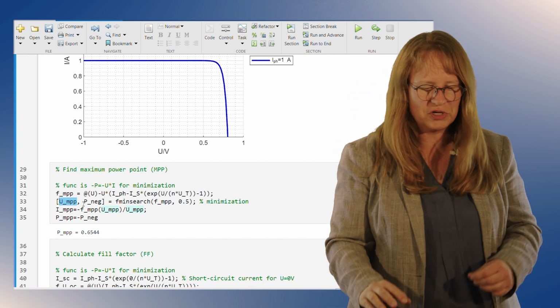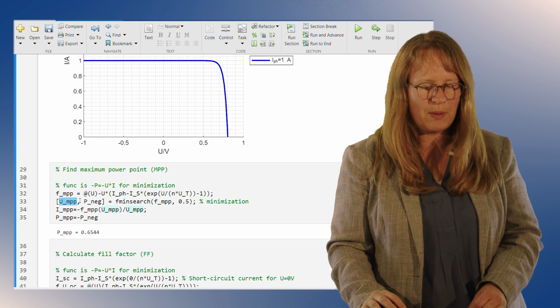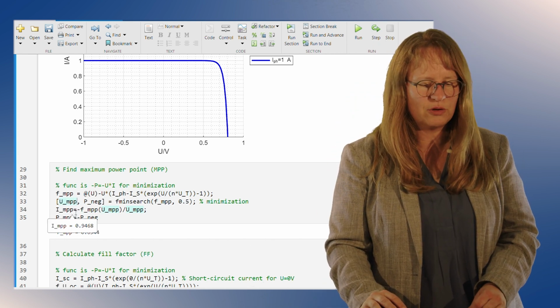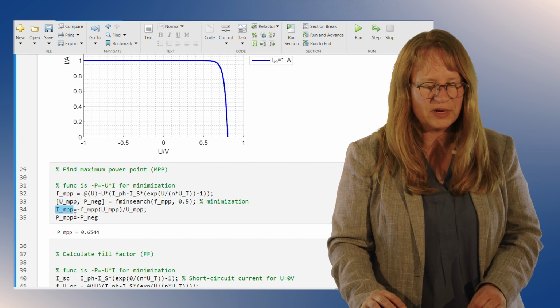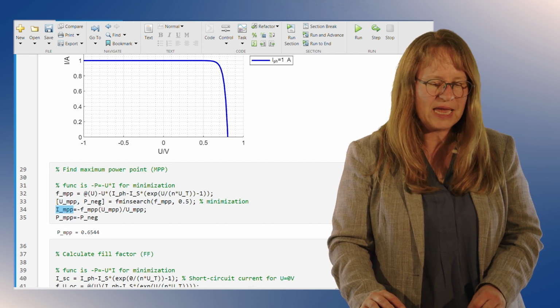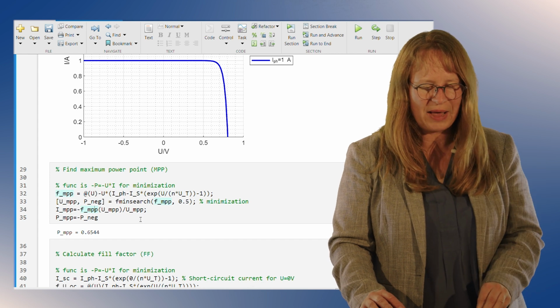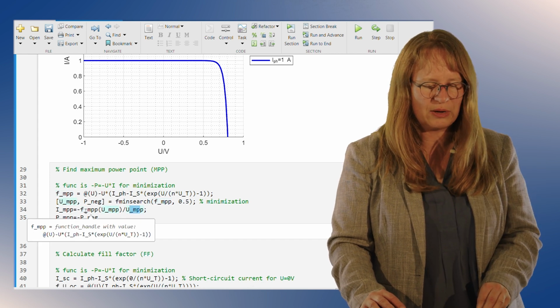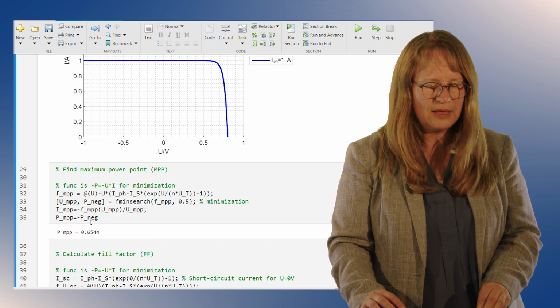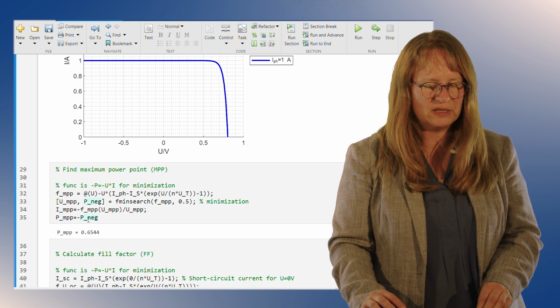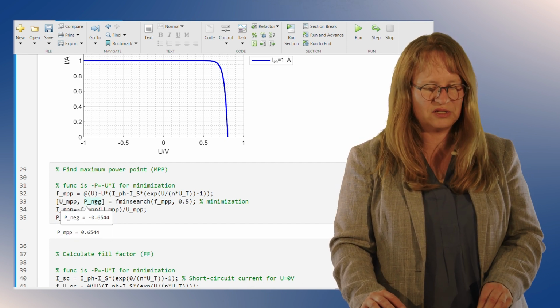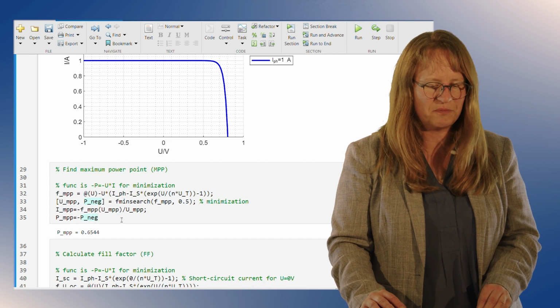That corresponding voltage is put into U maximum power point, and then we can calculate the current by dividing the negative power by the voltage and also adding this minus sign. And of course the power at the maximum power point is also the inverse of this negative power.